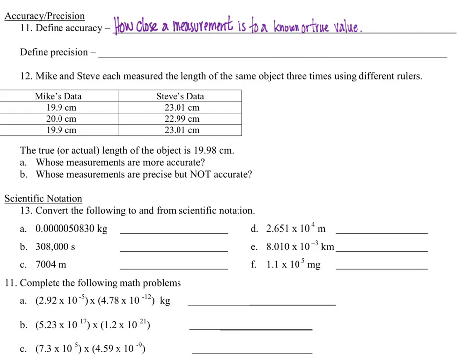So both the number of sig figs and the repeatability of a measurement, which is why we do multiple trials in an experiment.